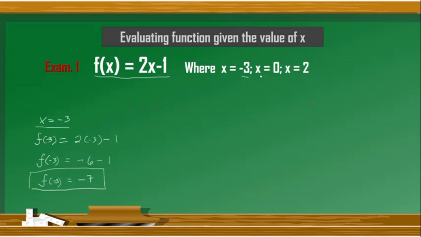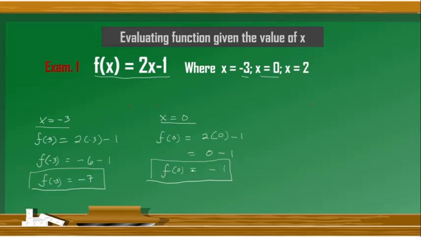How about this one? When x equals 0, what is the value of our function now? By substitution, the value of x is 0: 2 times 0 minus 1. This is 0 minus 1. So the value of our function at x equals 0 is negative 1.